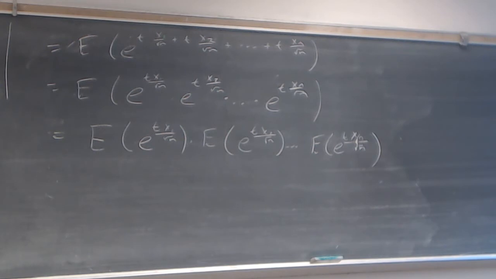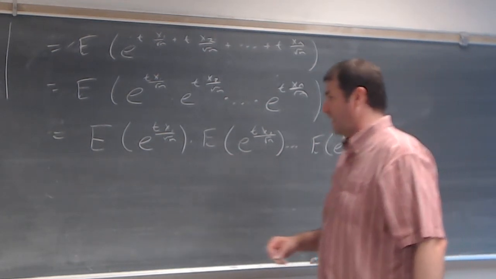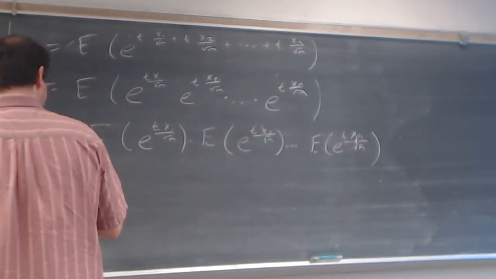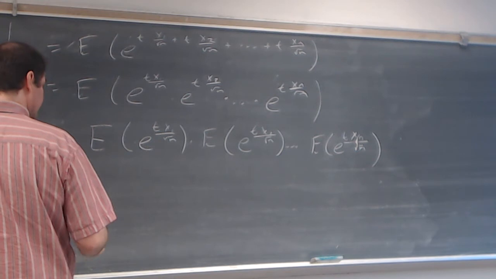Now it turns out that each one of these values is going to be the same thing because they are identically distributed.